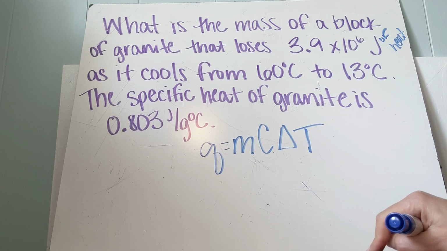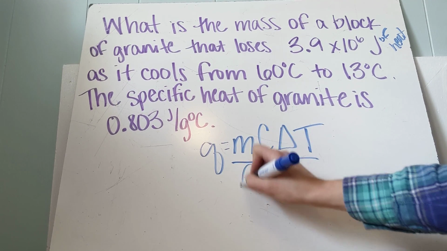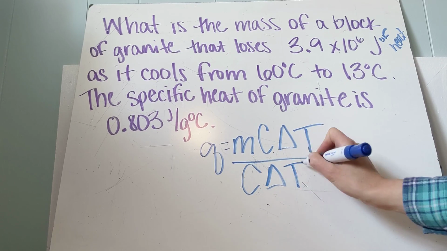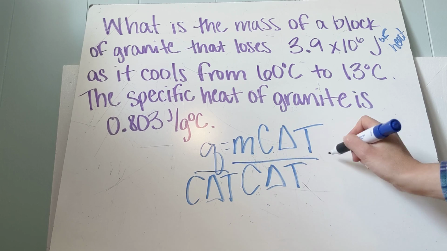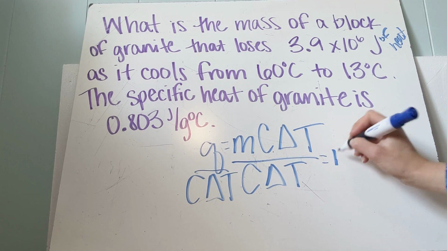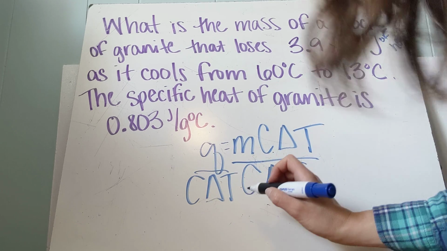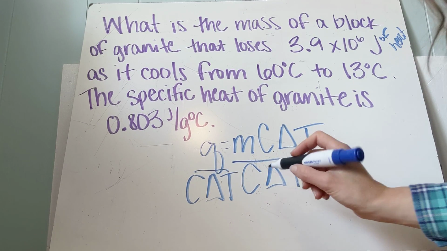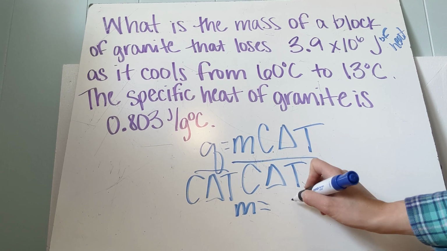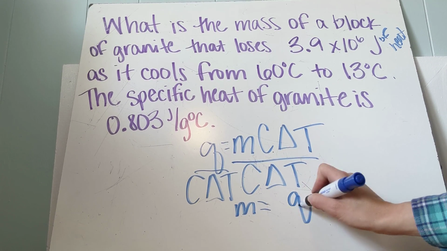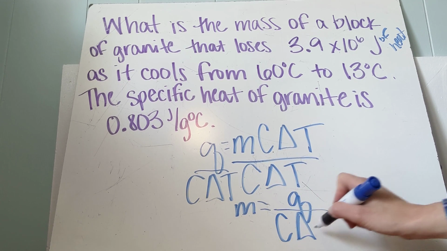So if I want to get mass by itself, the way that I can do that is by dividing both sides by C delta T. So my formula now is going to be, I'll rewrite it down below actually, M is equal to Q over C delta T.